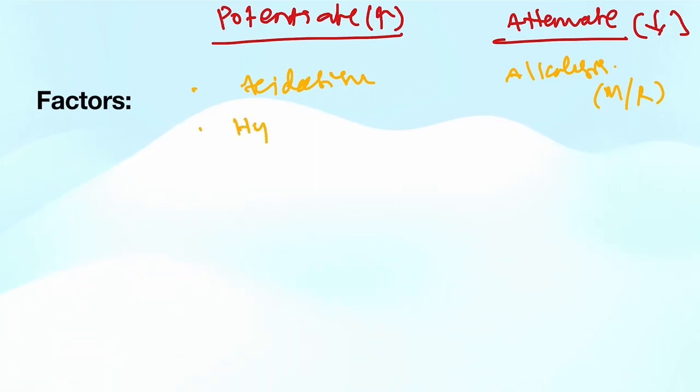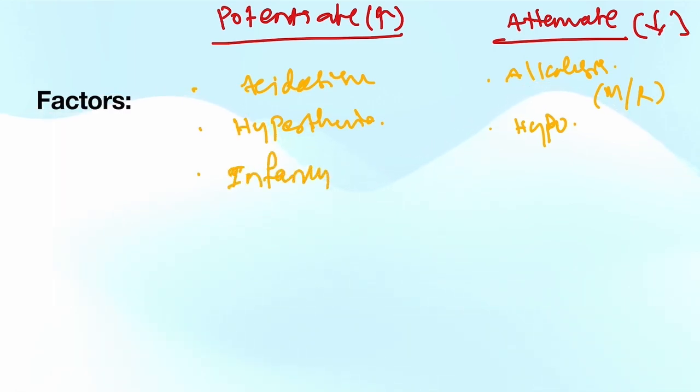Again, hyperthermia potentiates, and hypothermia attenuates the HPV, and it is maximal or potentiated during infancy, right? And it decreases with age. In older ages as compared to the pediatric population, or during infancy, it is decreased.